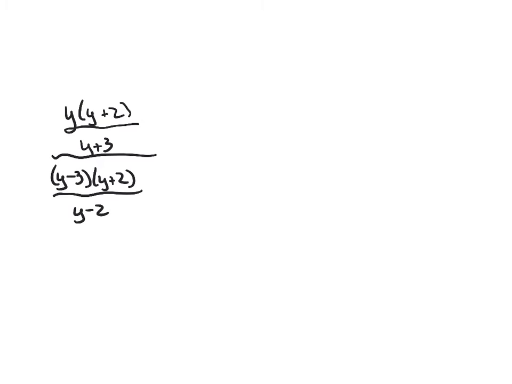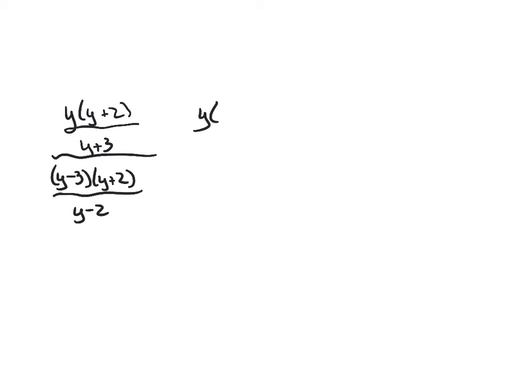Okay, so what we have is y times the quantity of y plus 2 over y plus 3, and then that fraction divided by our next fraction, the quantity of y minus 3 times the quantity of y plus 2 divided by y minus 2. Okay, so now treat these like fractions like we did in the previous problem.